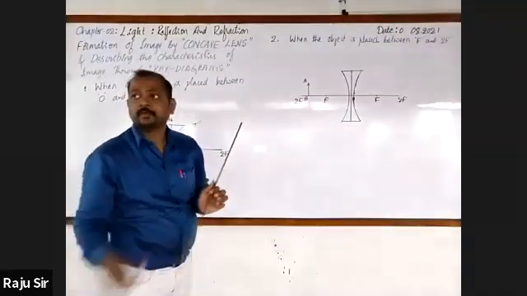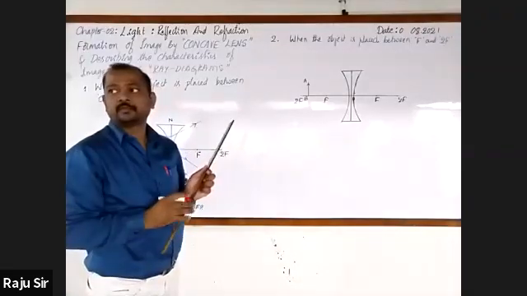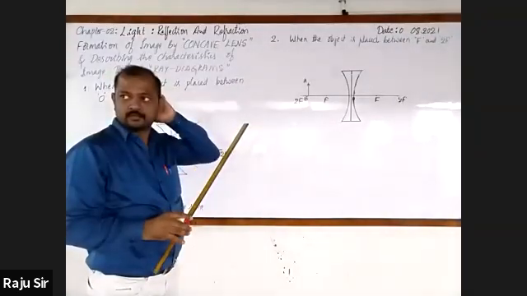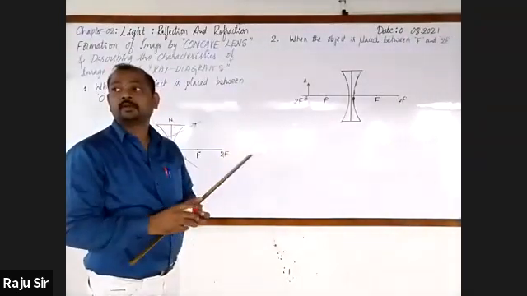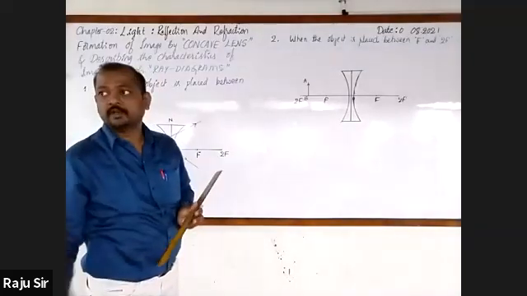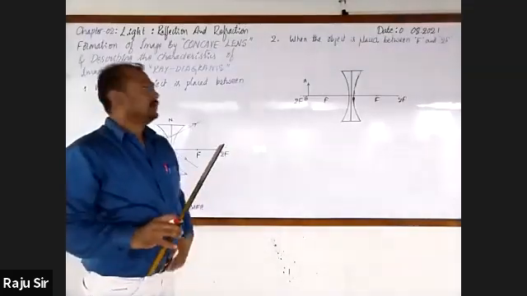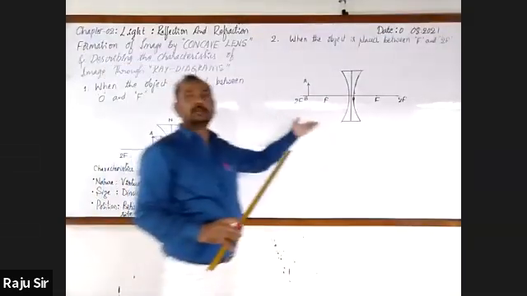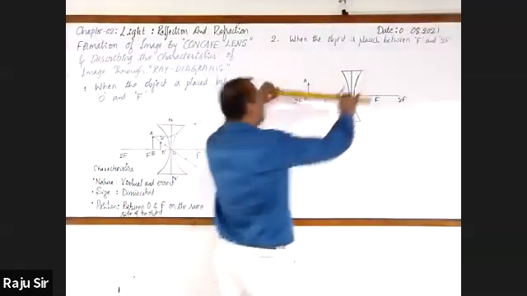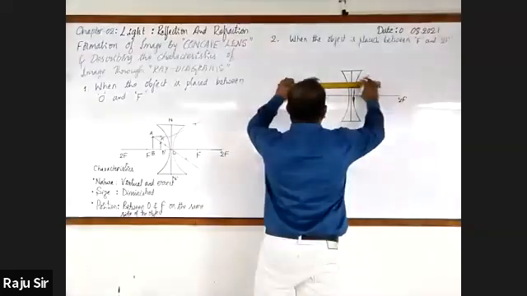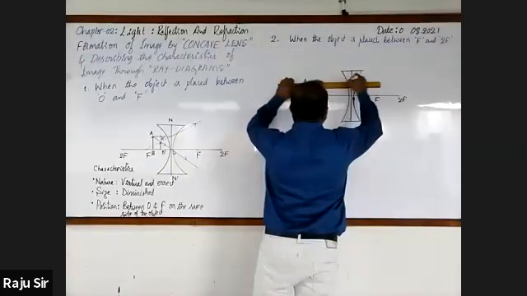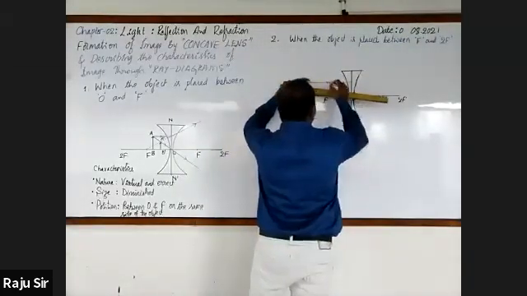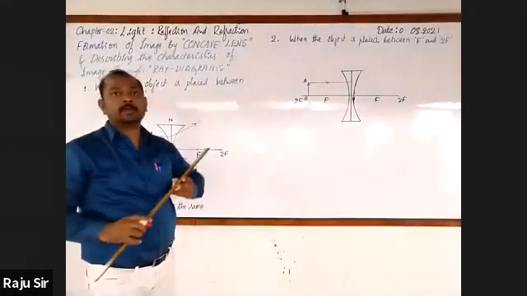What is the first ray? Parallel to the principal axis. Ray of light coming from the object incident on the lens parallel to the principal axis. What happens?